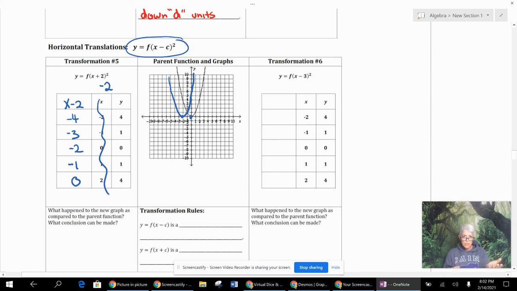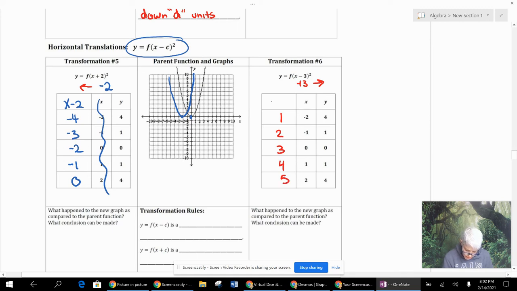So if a plus 2 is really a minus 2, for transformation number 6, what do you think a minus 3 is going to be? It's going to be a plus 3. So it's going to move to the right, and this one we move to the left. So for my x, I'm going to end up with 1, 2, 3, 4, 5.